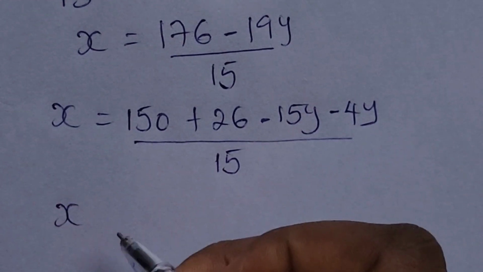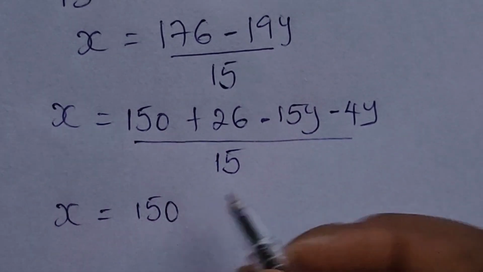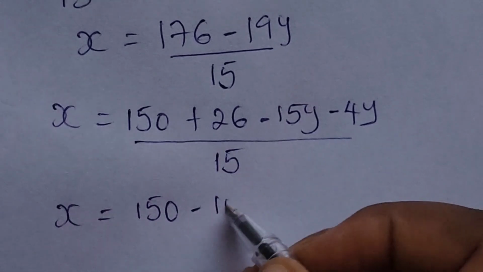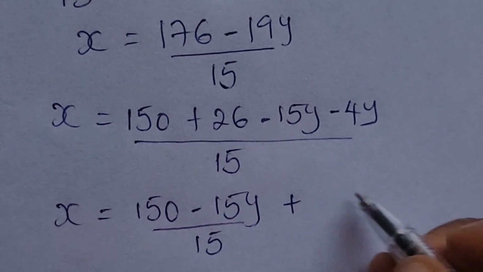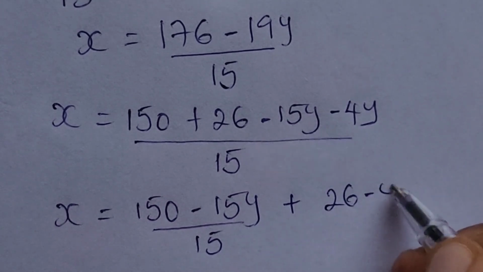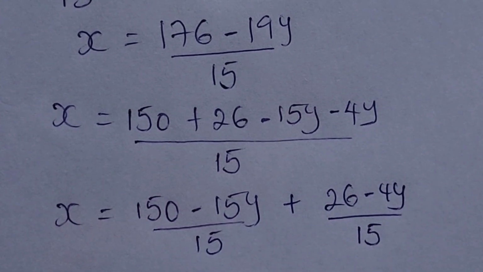So we have that x is equal to our 150 minus 15y over 15, plus 26 minus 4y, and this is all over 15.